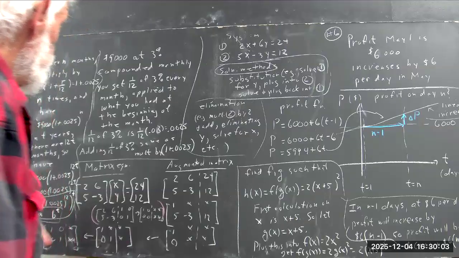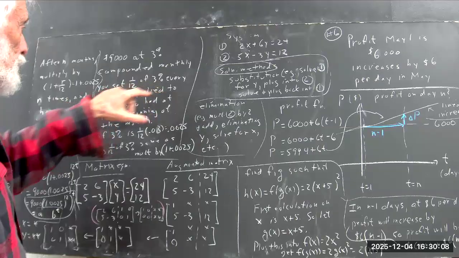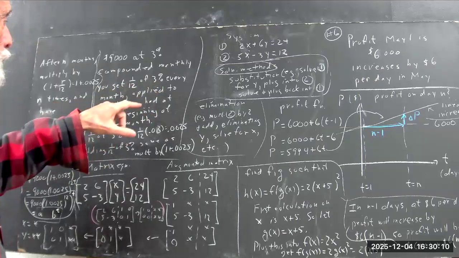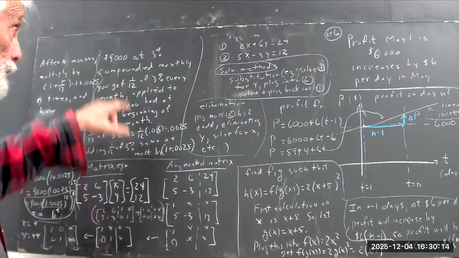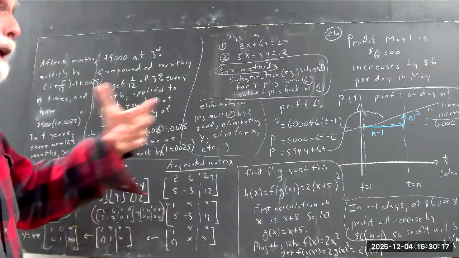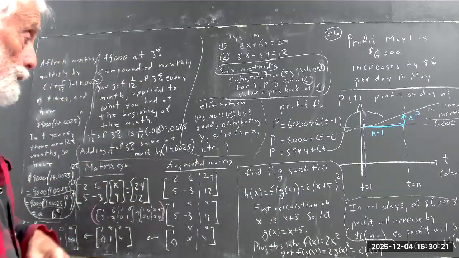Well, no, you wouldn't, because you apply this 12th of 3% every month to what you had at the beginning of the month. Now, at the beginning of the first month, you've got $9,000, but at the end, you have more than 9,000 because you got 1/12 of 3% of 9,000.